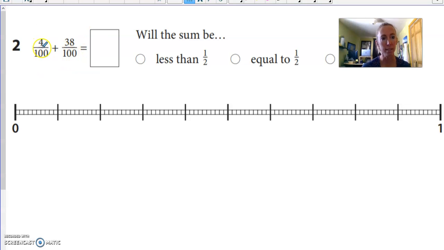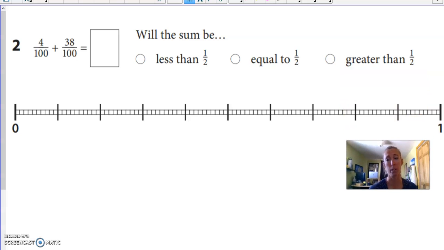And then with this one, is the answer going to be less than half, equal to half, or greater than half? Pick one. Think it through. In 3, 2, 1. Cha-ching! Okay. 4 hundredths is barely anything. But 38 hundredths, I mean, is that close to half? Well, I have 10, 20, 38.